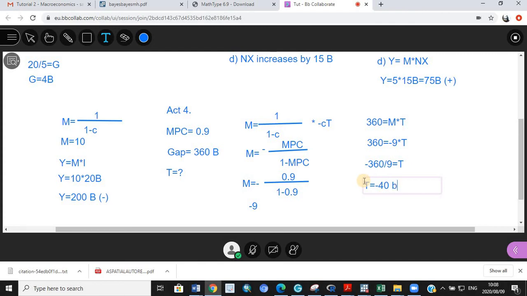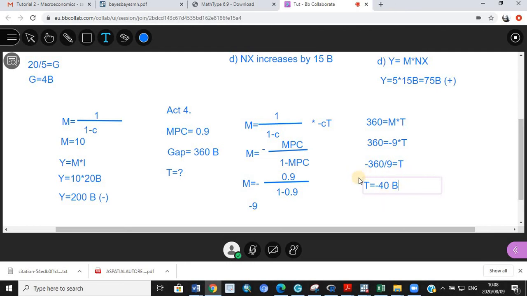In other words, for us to close the recessionary gap of 360 billion, we need to decrease tax by 40 billion.